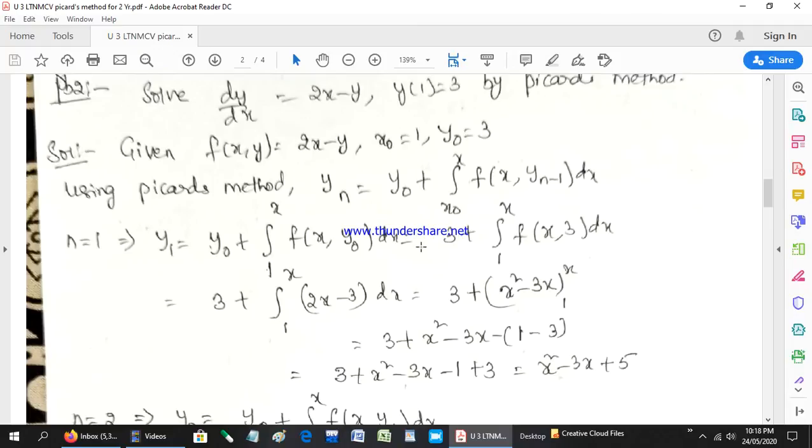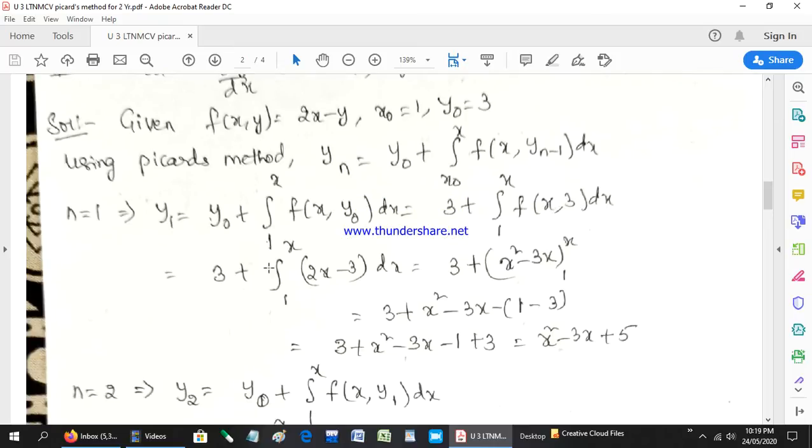So 3 plus, here given y naught is equal to 3, integral 1 to x f of x y n minus 1, that means putting n is equal to 1, f of x y naught. So 3 plus integral 1 to x f of x 3 dx.